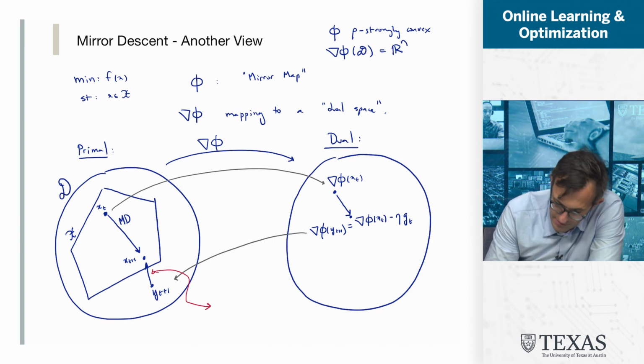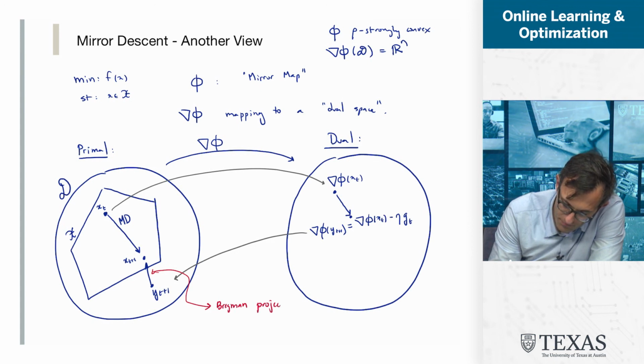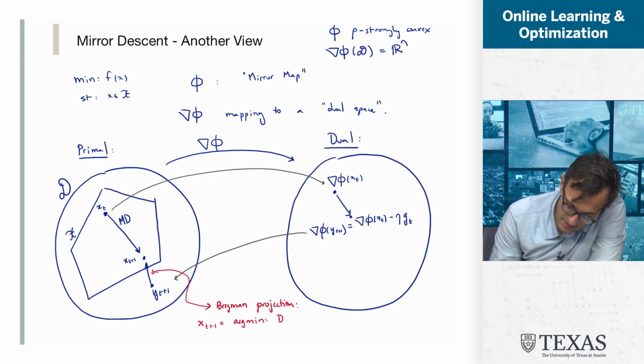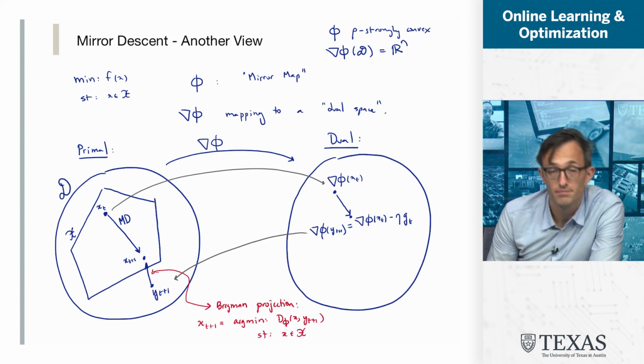This is the Bregman projection. So xt plus 1 is equal to the argmin of D phi of x, yt plus 1, subject to x being in my set X.